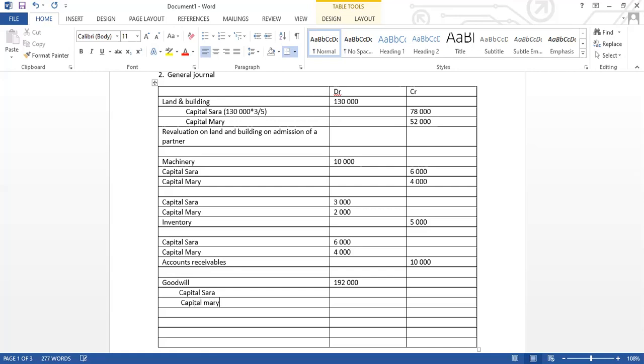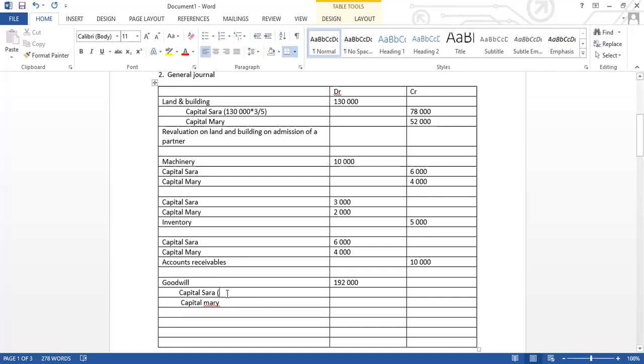Okay, so what was their old profit sharing ratio? 3:2. Like Sarah got 3 and Mary got 2. Okay, the ratios.